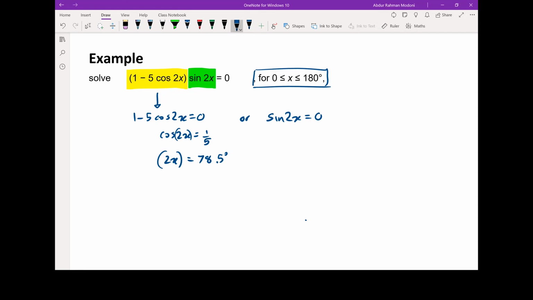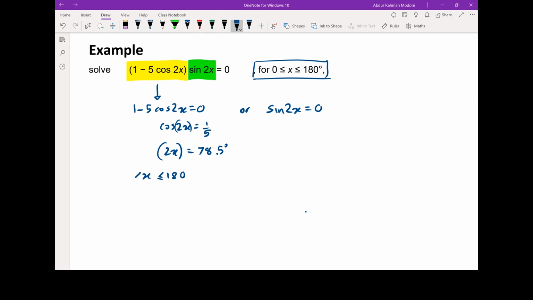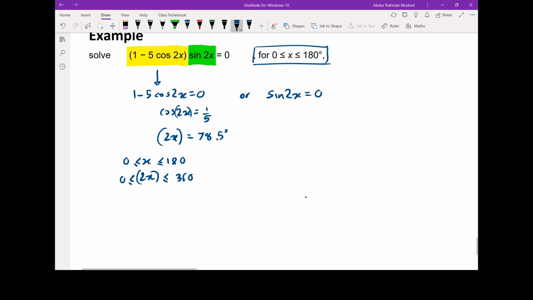The interval that we've got for x is from 0 to 180. So let's start by writing down the interval: x is less than or equal to 180, greater than or equal to 0. We need to find the interval for 2x, which is our angle here. So multiply everything by 2 to get 360, and multiply 0 by 2, still 0. So we need to find all the angles within 0 to 360.